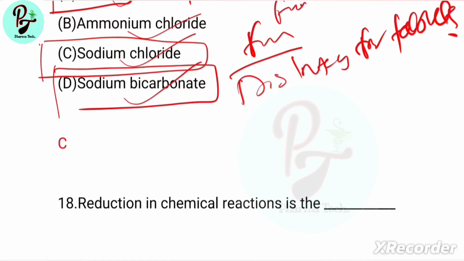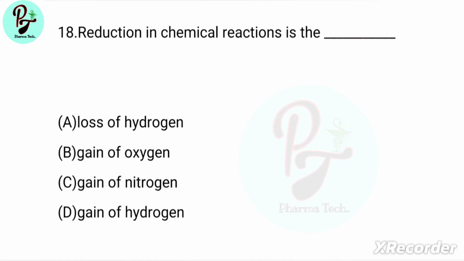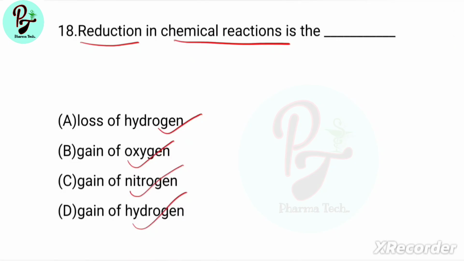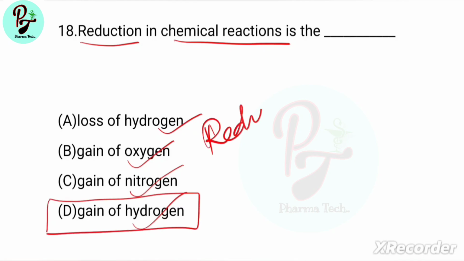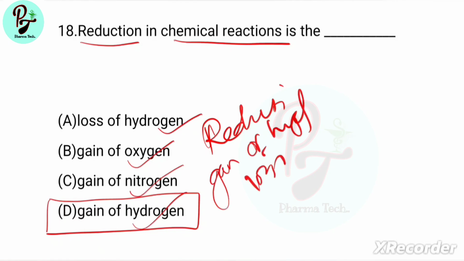Next question, question number 18: reduction in a chemical reaction is the, options are loss of hydrogen, gain of oxygen, gain of nitrogen, gain of hydrogen. Answer is D, gain of hydrogen. In case of reduction, gain of hydrogen, loss of oxygen or gain of electrons.